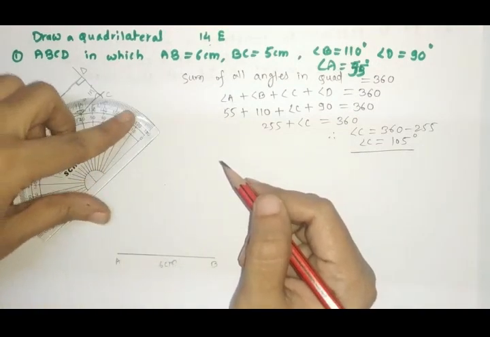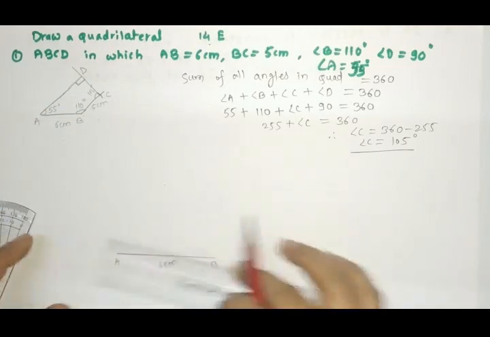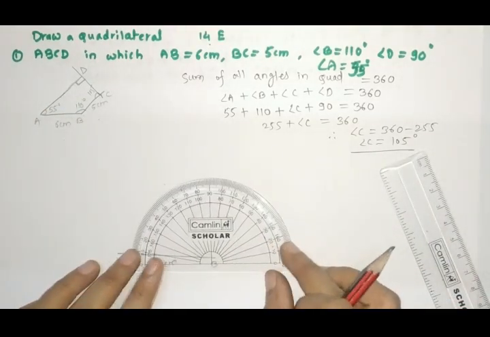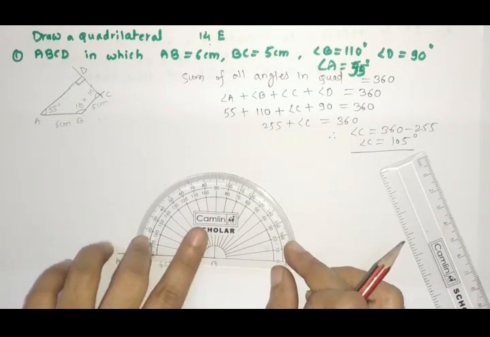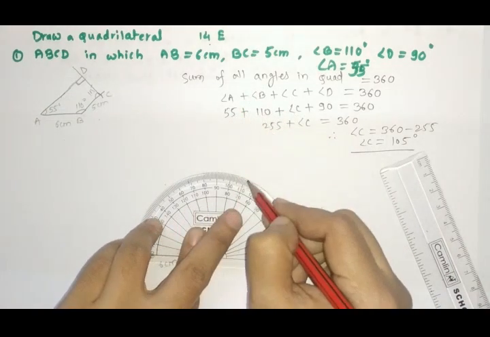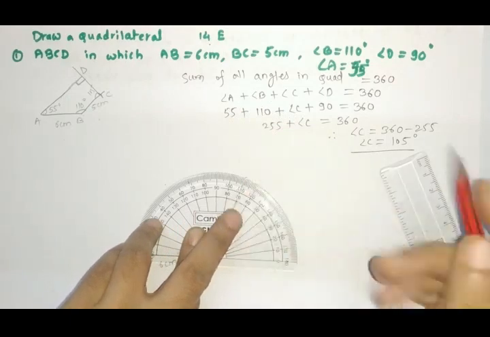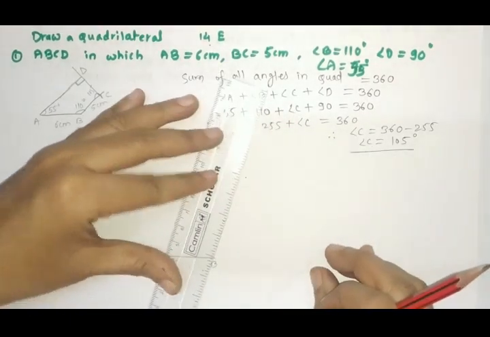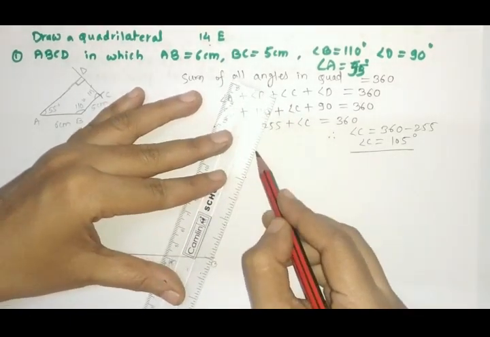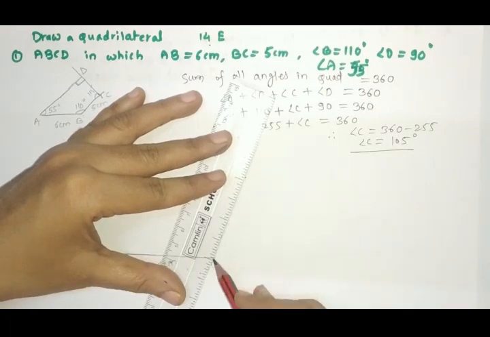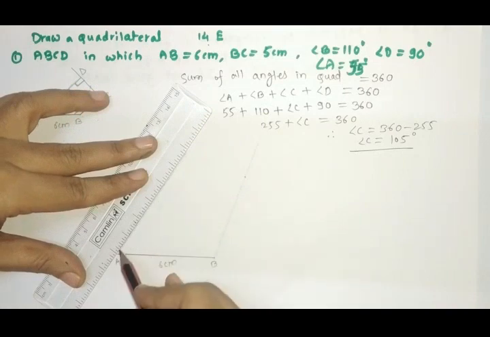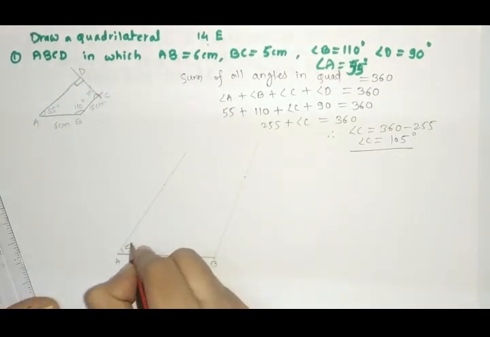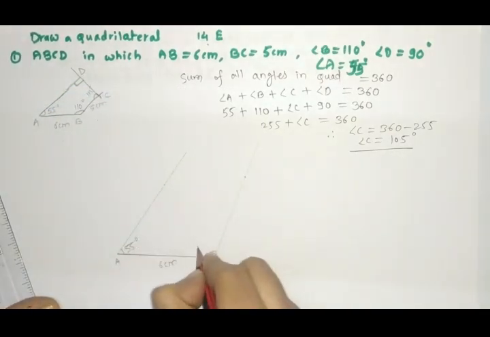Okay friends, and angle B we want 110 degree. So here we'll take 110. This is an obtuse angle. So just draw the lines. You can say angle A measures 55 and angle B measures 110.